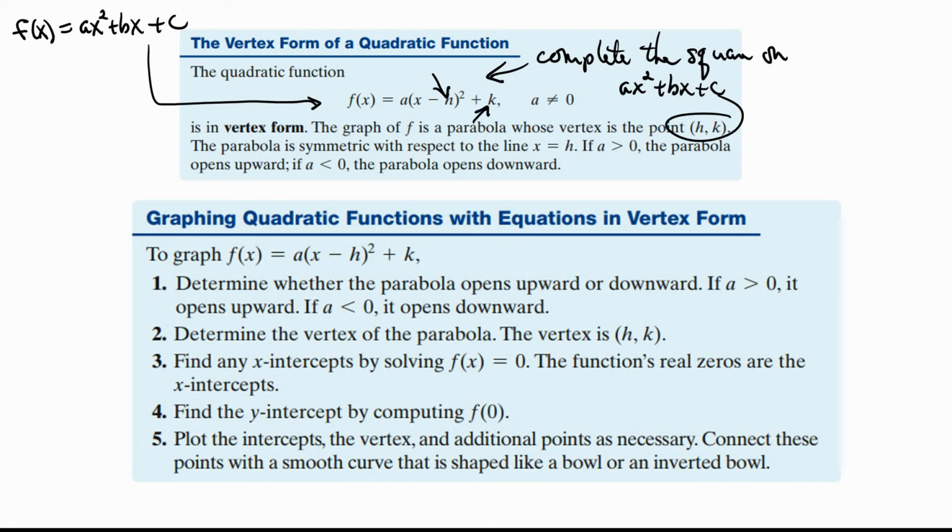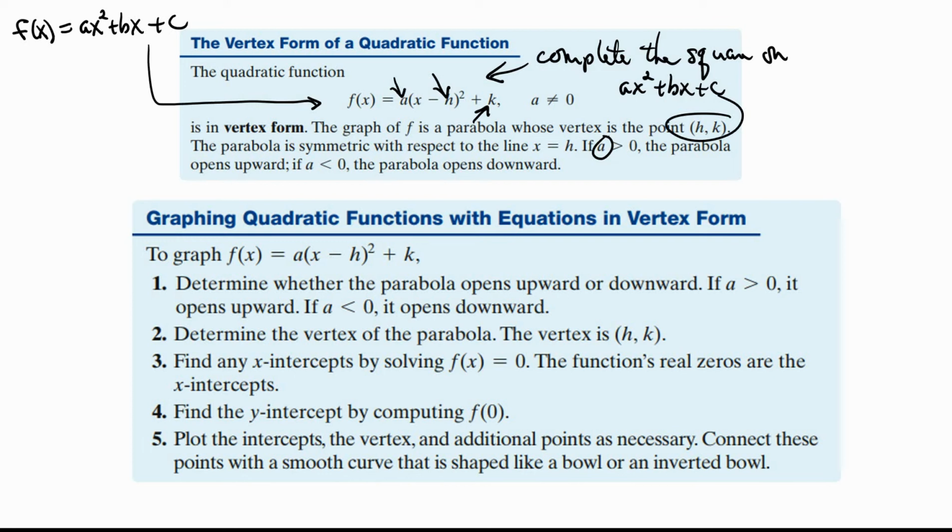But anyway, who cares about that now? If A, that number A, where is A? That's A here. If A is positive, then the parabola, which is a cup, I was drinking my coffee and I didn't bring the cup, but if A is positive, the cup sits up like this.